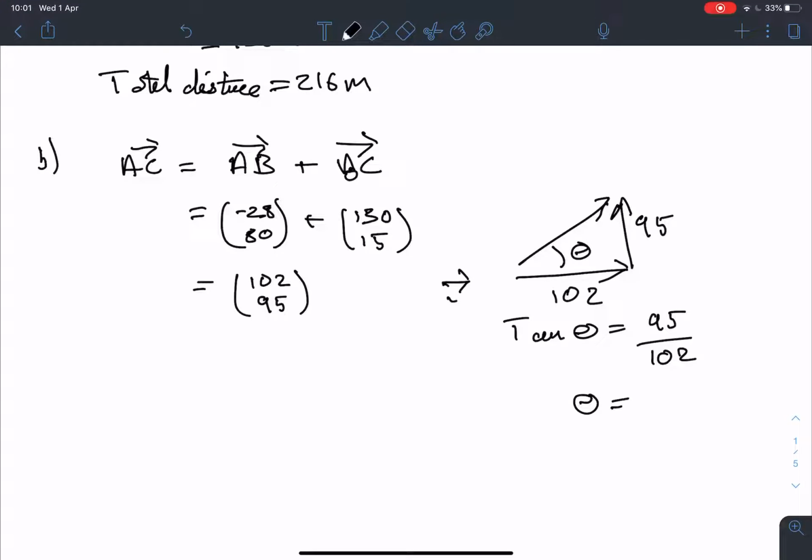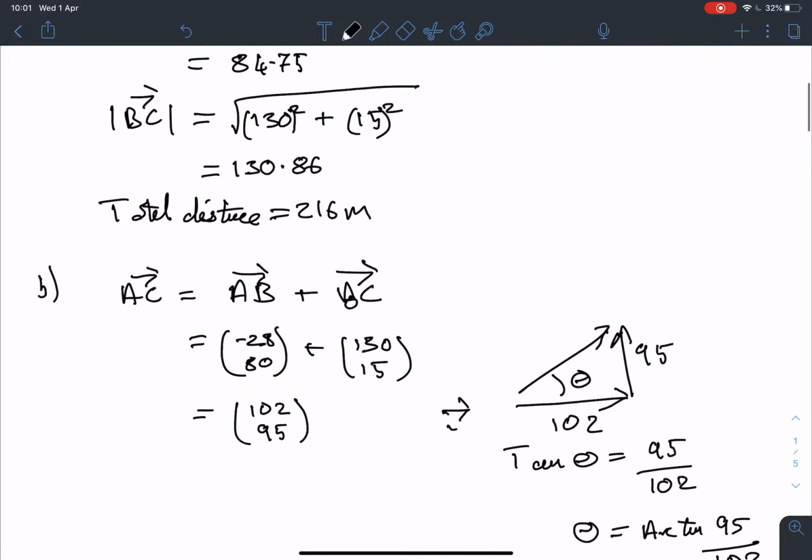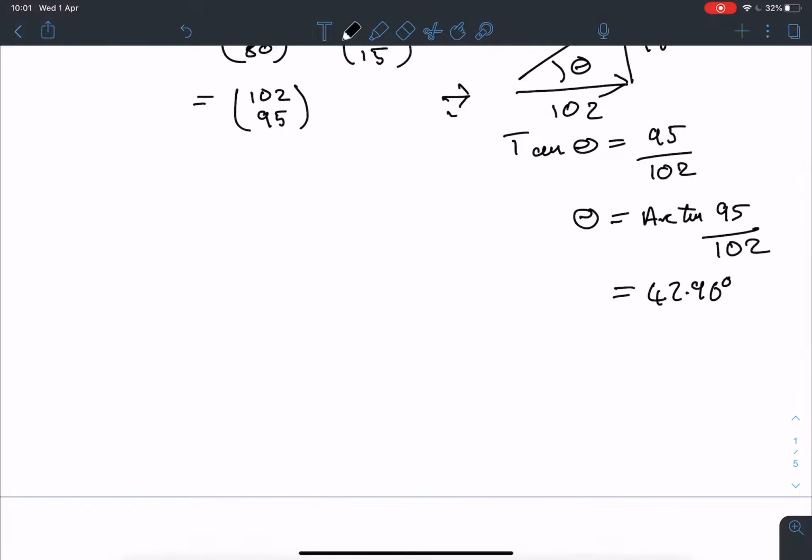So theta equals arctan of 95 over 102. Tap it in the calculator, and that comes out to be 42.96 degrees. Go back, read the question: find the angle the vector AC makes with the unit vector i. So I would say theta equals 43 degrees anticlockwise from positive i, just to finish off.